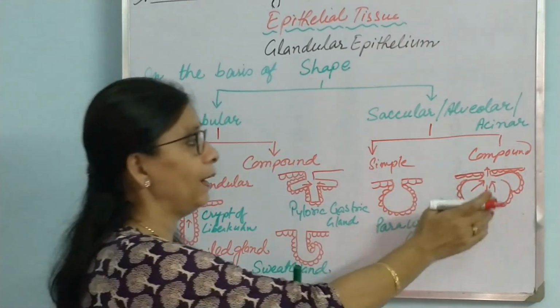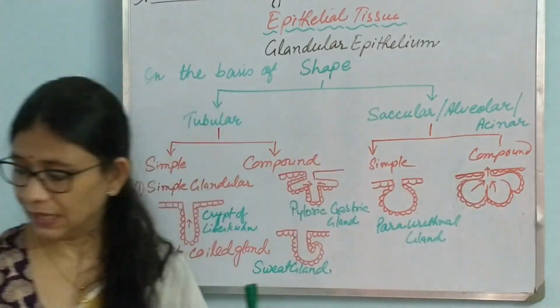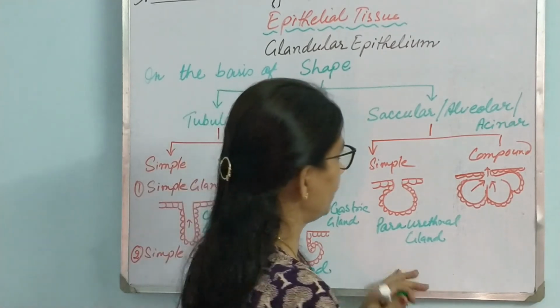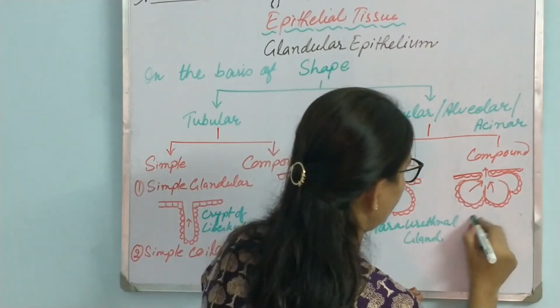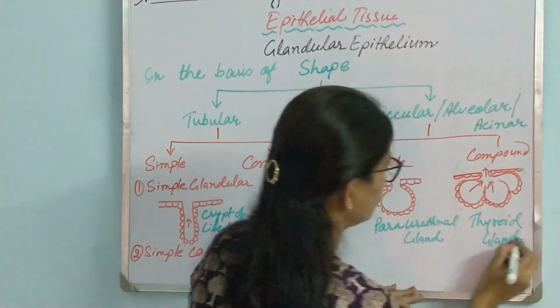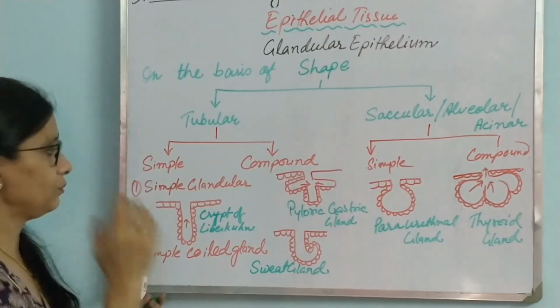Now this is compound saccular gland. Example being thyroid gland. Thyroid gland is compound saccular. So we see here 5 types of gland.